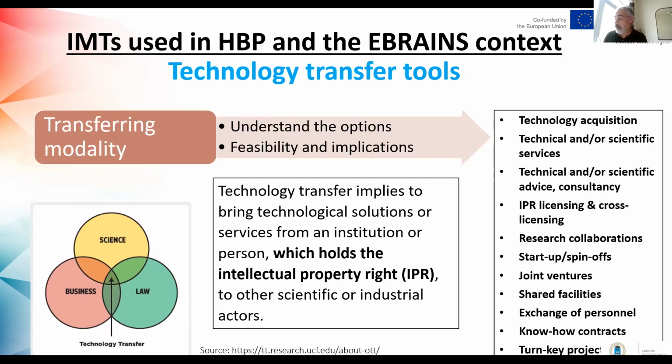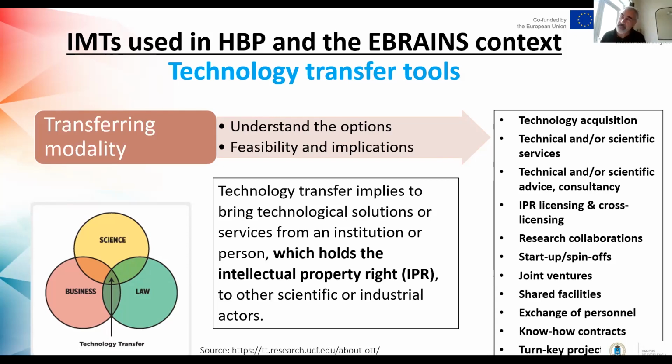Well, probably the most obvious is to acquire the technology. If you make a new car and you sell the car, you are transferring the technology to another company or to a user. In the same way, you can transfer services or any kind of innovation.